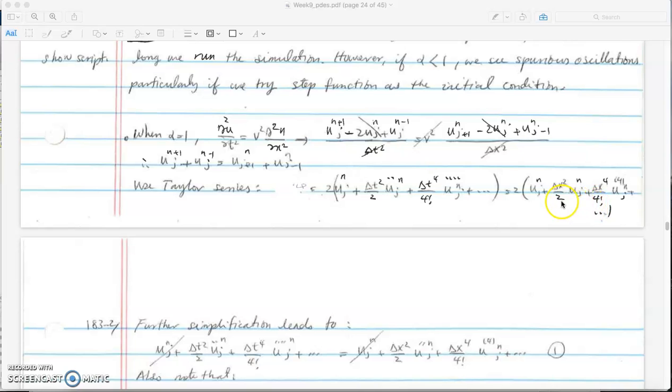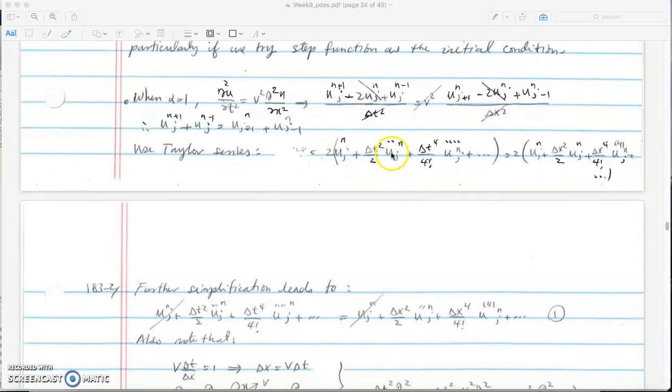And so the odd terms cancel out because we have a plus del x here and minus del x here, and what we are left with is only the even powers. So I think that should be the second derivative. Okay, so we got the uj, the second derivative, fourth derivative, and so forth. And same thing for the time derivative. We are only left with the even terms in the Taylor series.